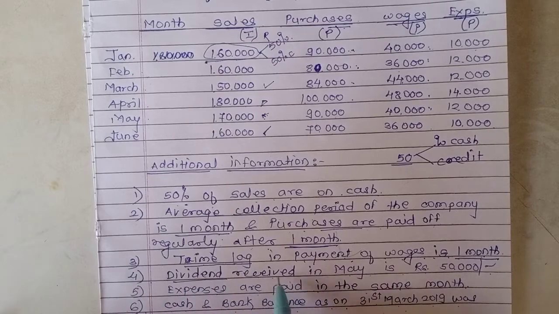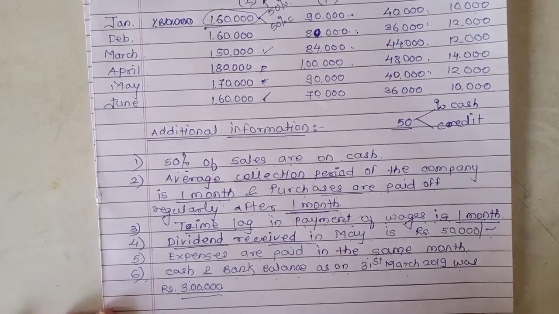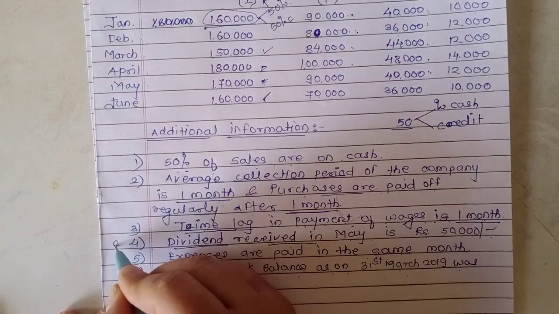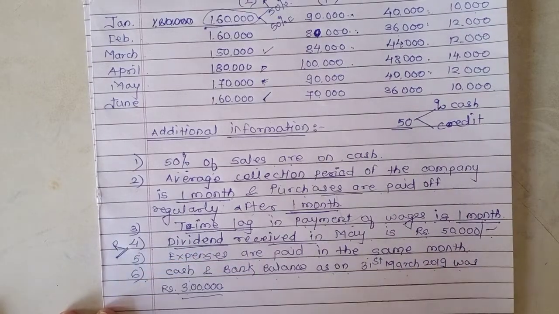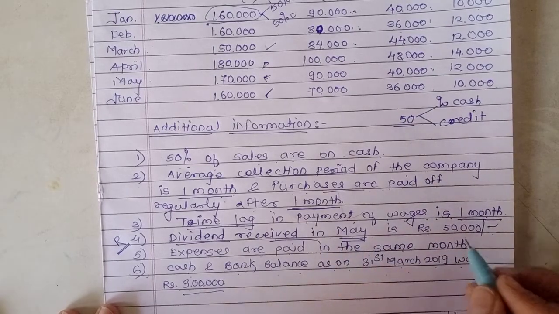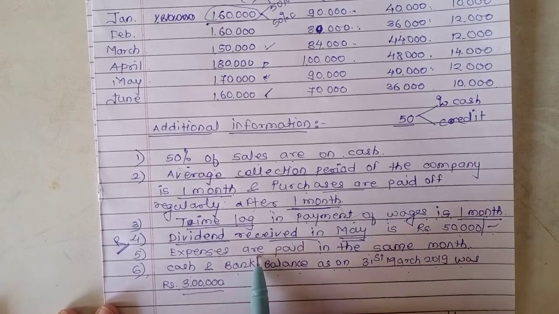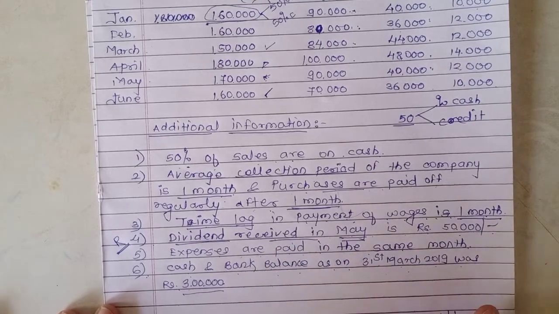There is a dividend received. Now see, you have received a dividend, so this is also considered your receipt, but only in the month of May, of rupees 50,000. Now, expenses are paid in the same month.